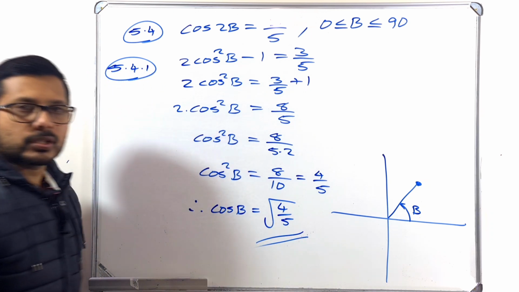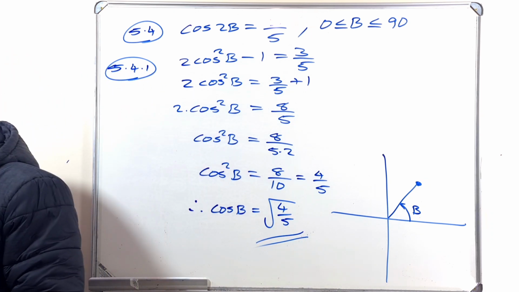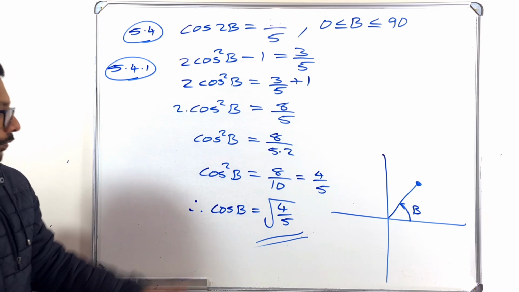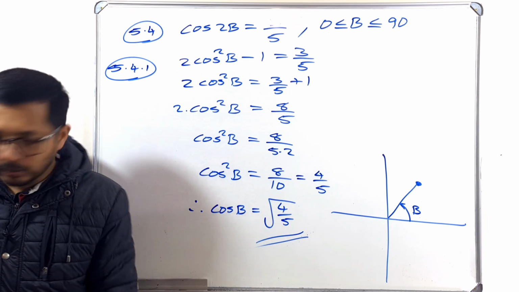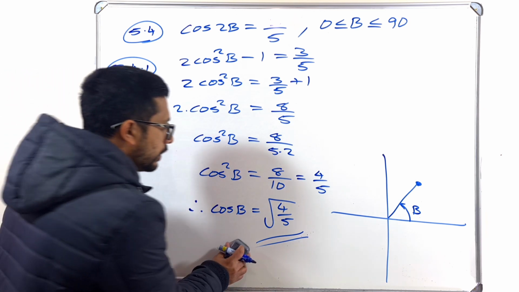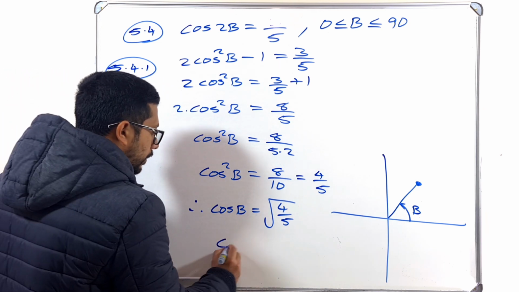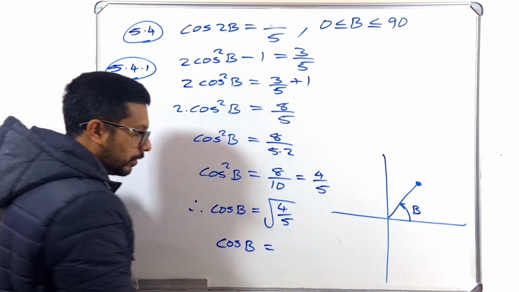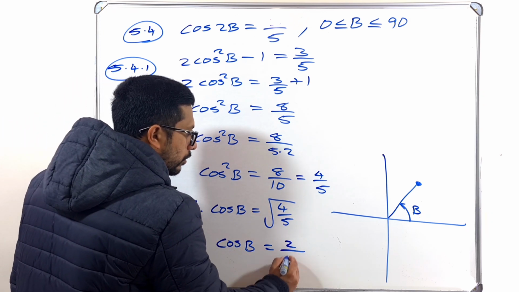Okay, what is our first question? 5.4.1, the first question itself, to find cos b. So here square root of 4 over 5, we can write it like this also. Cos b is equal to, what is square root of 4? That is 2. Square root of 5.